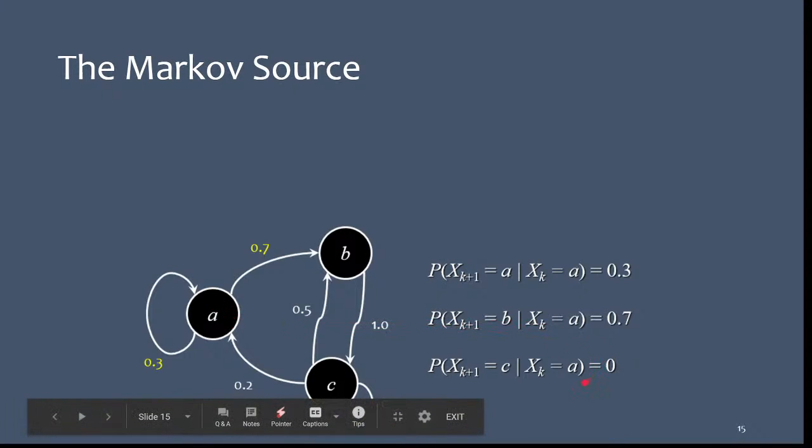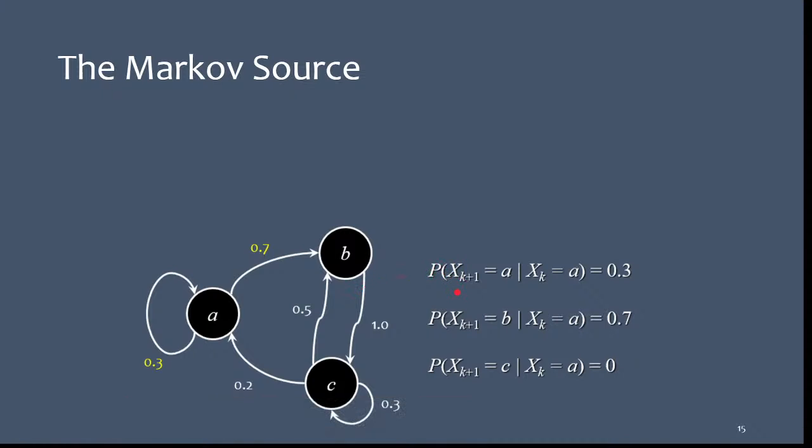That is what is written here. Xk is the initial state, and xk plus 1 is the next transition. Then what's the probability of getting C? That probability is 0. So this is how we can go from the state diagram to the conditional probabilities.